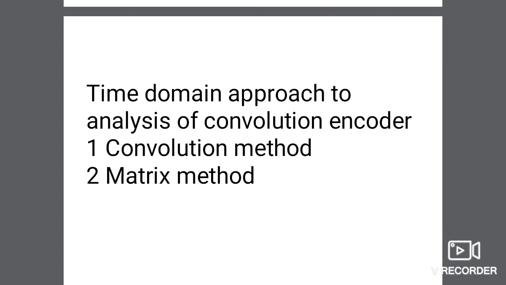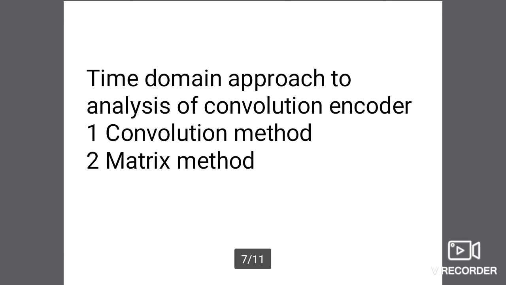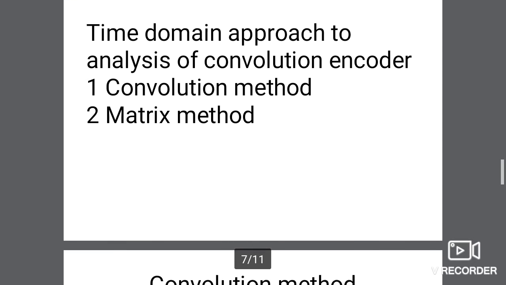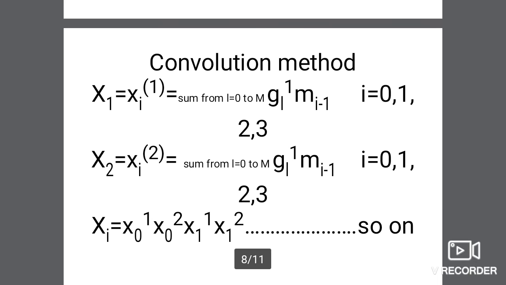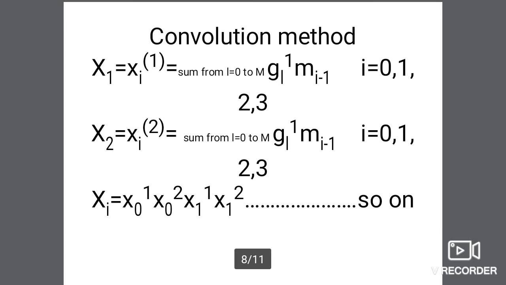We use two approaches for analysis of the convolution code: first is the time domain and second is the transform domain analysis. In the time domain approach, we again have two methods: the convolution method and the matrix method. First, the convolution method.